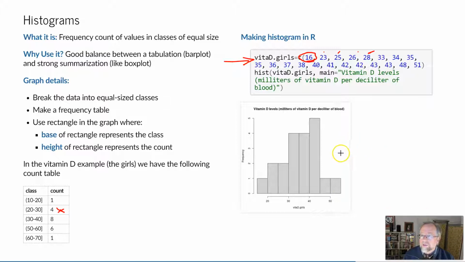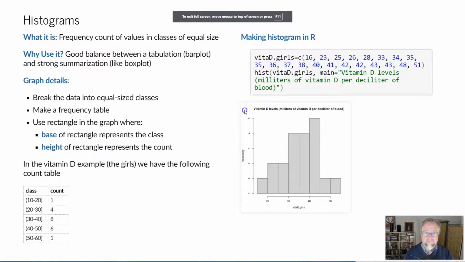Now, let me make sure that this all makes perfect sense. I think I put the wrong, let me pause and check. Yep, so there was a small typo, since fixed.